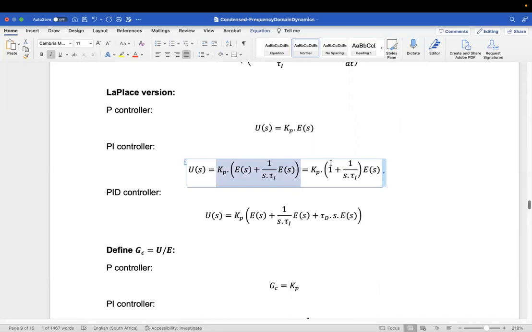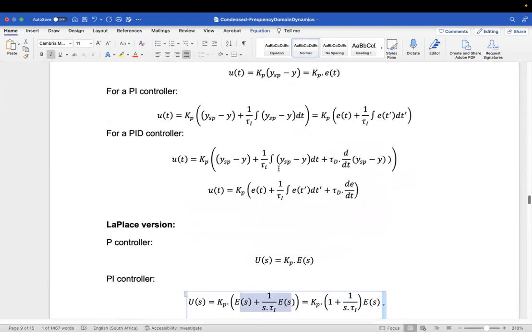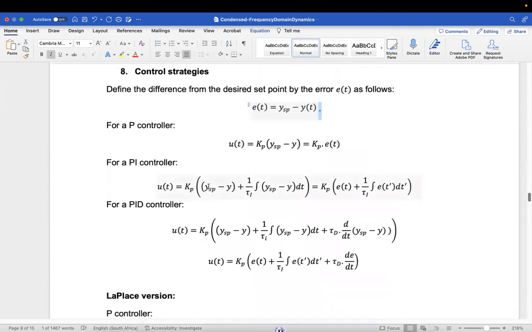And now you see the beauty of the transformation, right? We don't have an integral now. Because of this property that the Laplace transform of an integral is just 1 over s times the function itself, we don't have to have this other type of operation. We can still stick to pure algebraic functions here. So there's no integral that occurs in the Laplace version of the equations. In contrast to here, you have to contend with an integration.